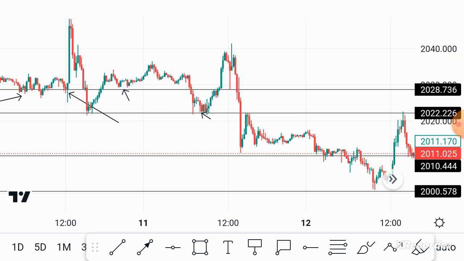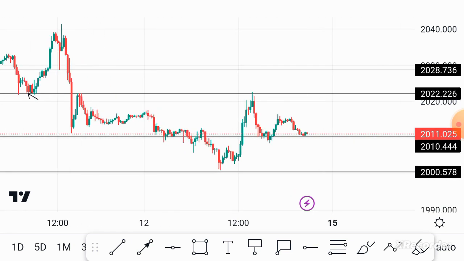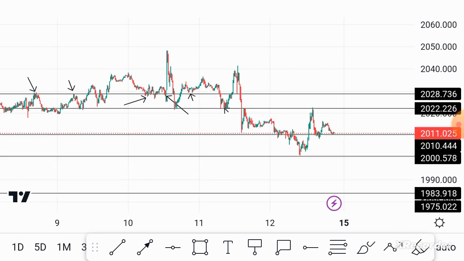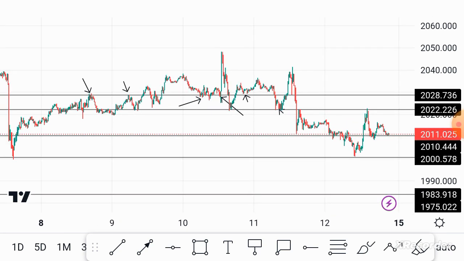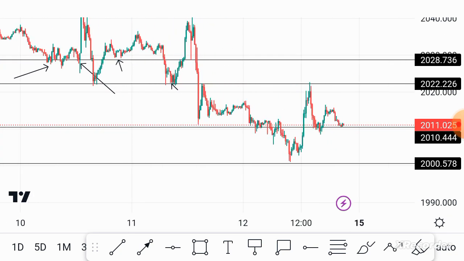Okay, so we have a lot of them. I wouldn't want to make the chart so dirty with so many tools being drawn on it.